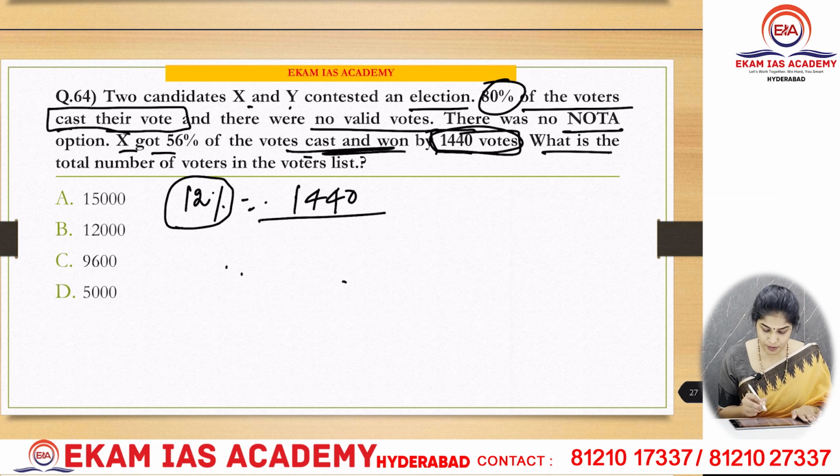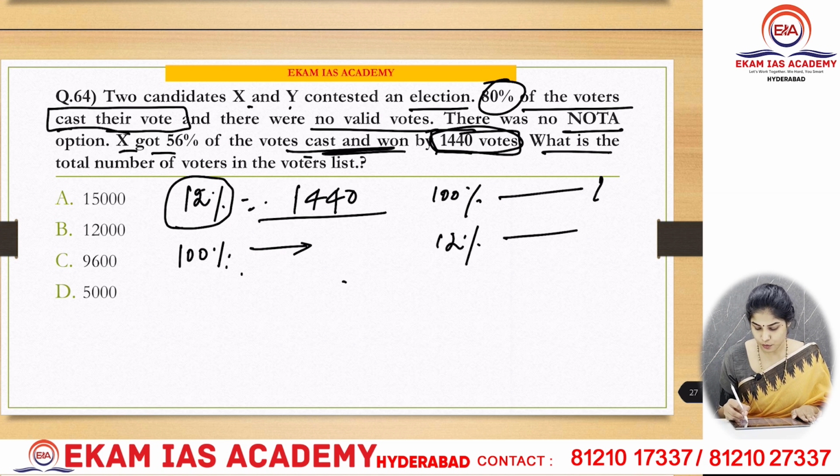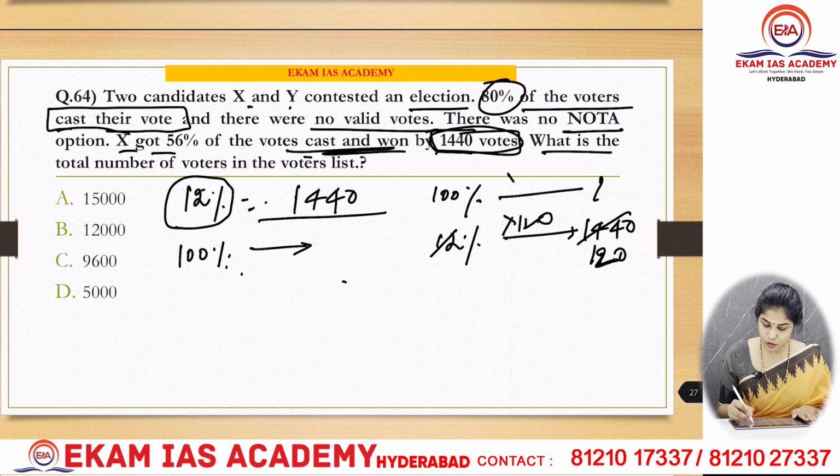So 12% is 1440. What is 100%? 12% is 1440. 12 ones are 12, 12 twelves are 144, right? So into 120, here also into 120 you have to do, which is 12,000, right?